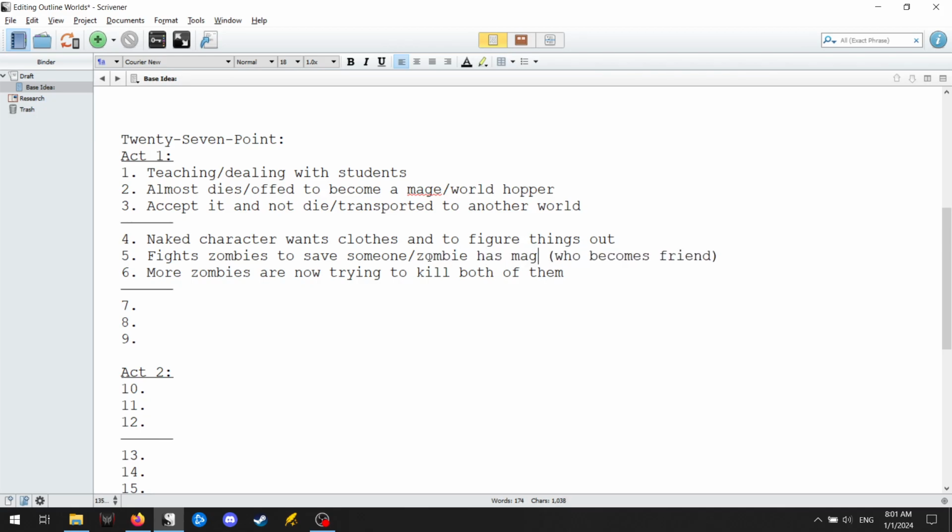The zombies of this world can use magic, which makes it a little more complicated. He eventually kills the zombie. But doing that caused a lot of ruckus and some other unforeseen circumstance caused more zombies to come after them.